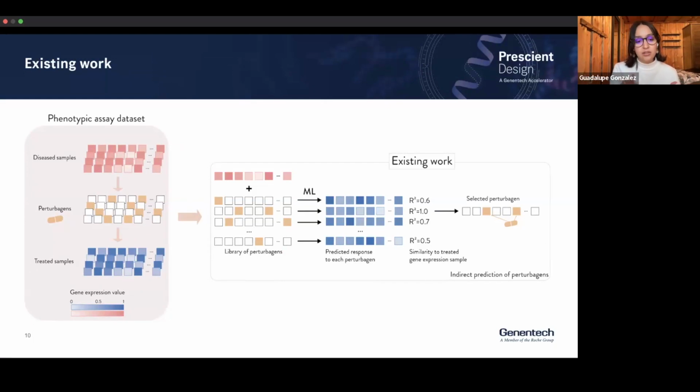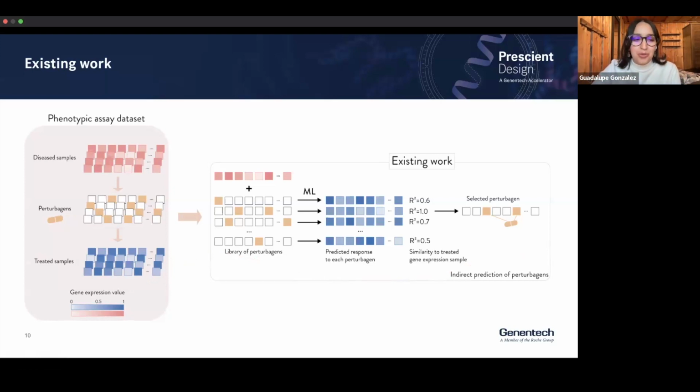In this case specifically, we're talking about chemical compounds or genetic interventions in these systems. And we have a set of treated samples that these perturbations generate.